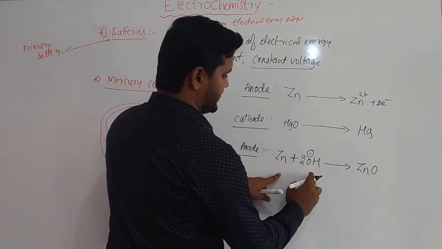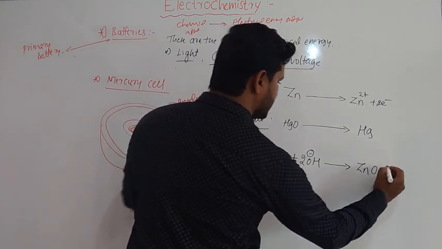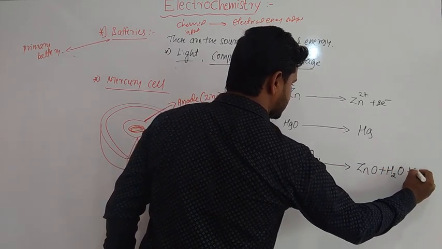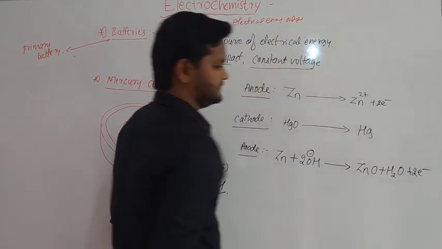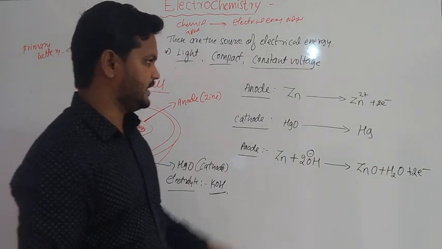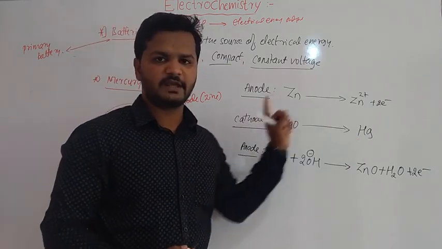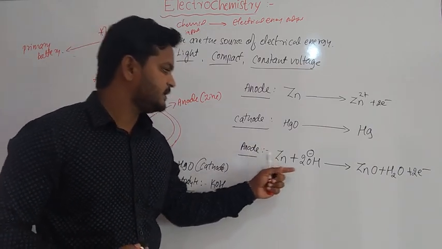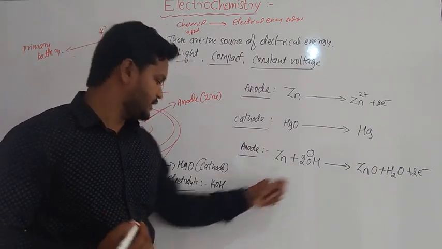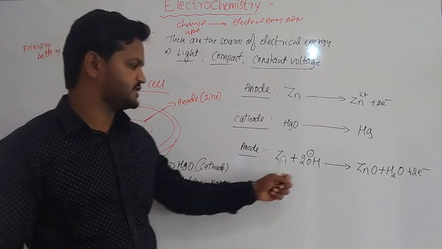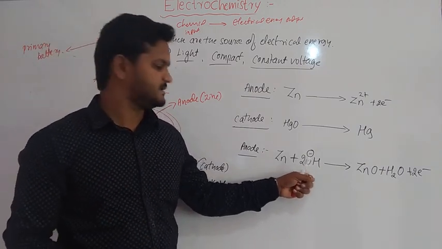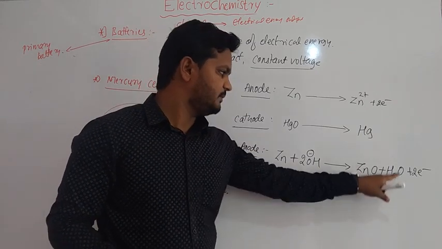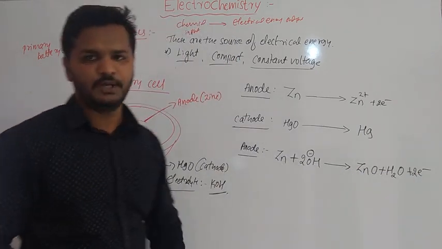Zn plus 2OH- becomes ZnO plus H2O, and 2 electrons are released. This is a common reaction, but here we are going to use an electrolyte. Zn plus electrolyte, that is KOH, means K+ and OH-, that is why I am going to take 2OH-. Zn plus 2OH- becomes ZnO plus H2O, and it releases 2 electrons.